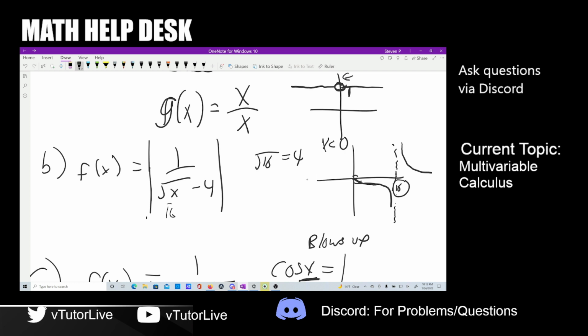It's not even on that domain, right? So this is more of a semantics question than math. If it doesn't even exist there, is it discontinuous? It's like, if a tree falls in a forest, except there is no forest, does it make a sound?